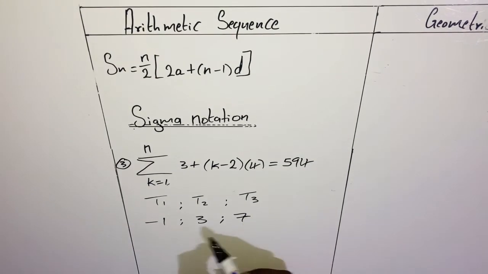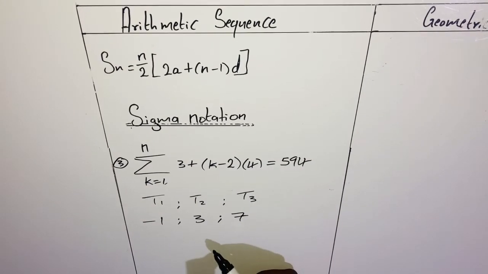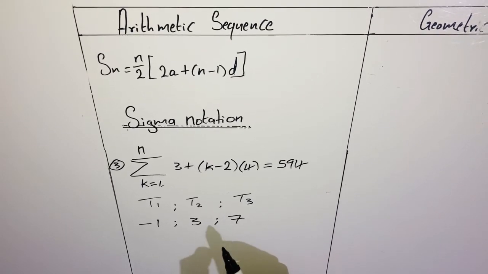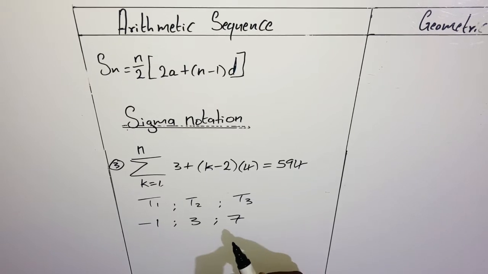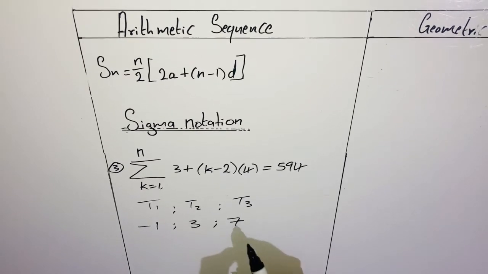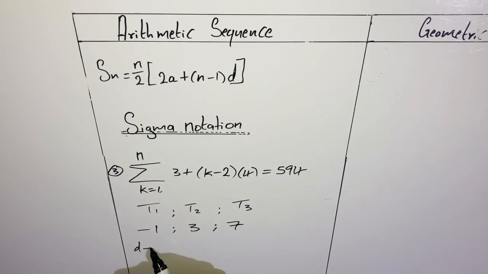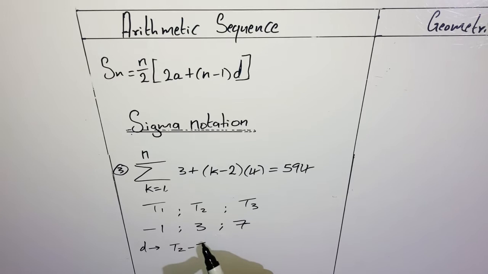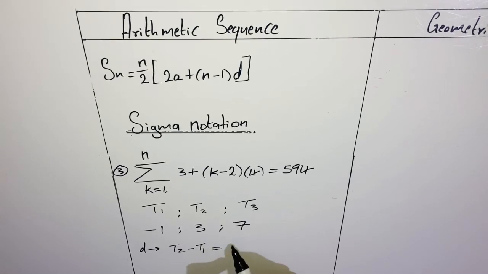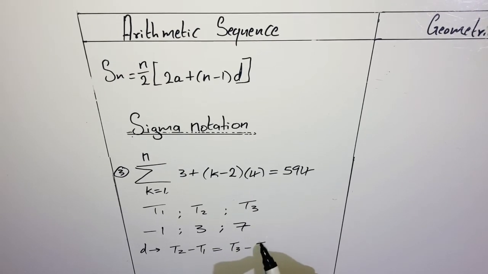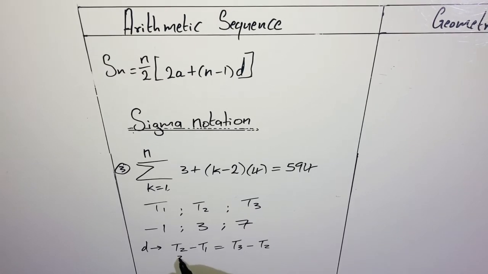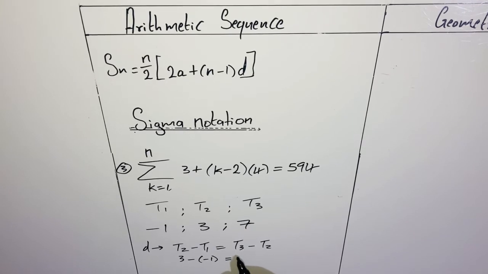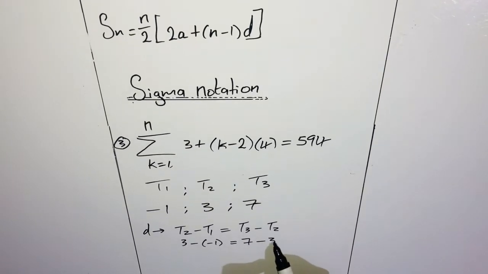Then these are the first three terms which will determine for us whether we are dealing with an arithmetic sequence or a geometric sequence. So we'll use our common difference formula, T2 minus T1 equals T3 minus T2. 3 minus negative 1 equals 7 minus 3.